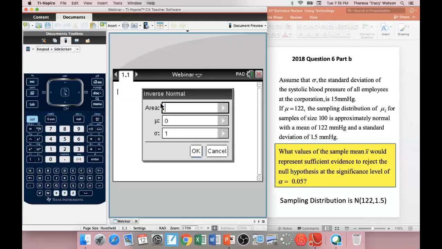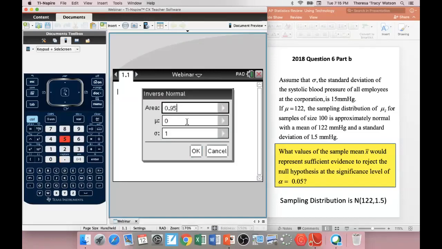So the area I'm going to give is always a left tail area. So in this problem, since my alpha is 0.05 and my alternative hypothesis is in the direction of greater than 1.22, the area I need to type in is 0.95.